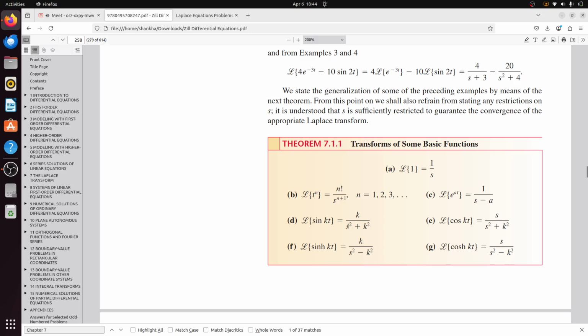Laplace transformation of sin kt is k by s square plus k square. For sin hyperbolic kt, you just need to put minus in the lower part. And e to the power at, if you take Laplace transformation, it will be 1 by s minus a. Cos kt will be s by s square plus k square, and similarly cos hyperbolic kt, s by s square minus k square.